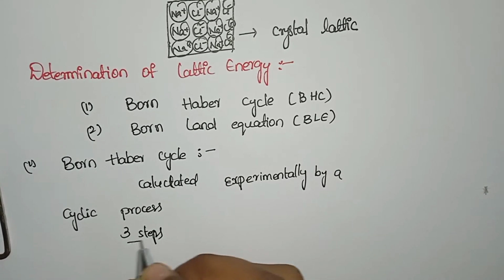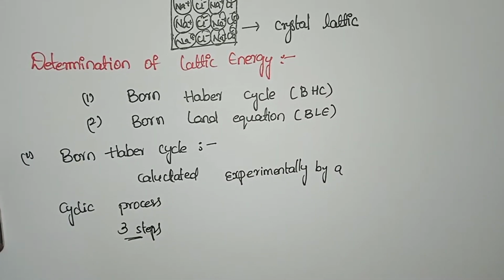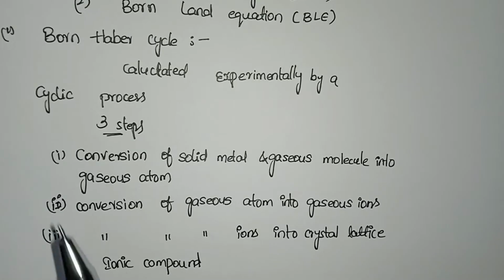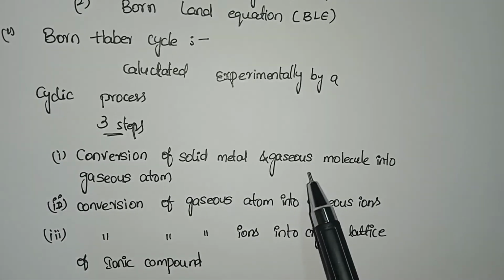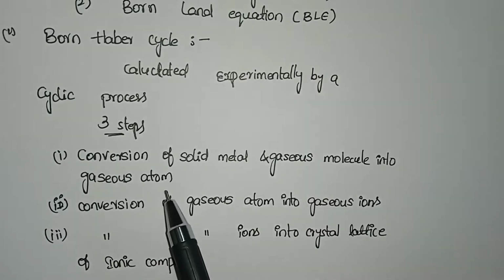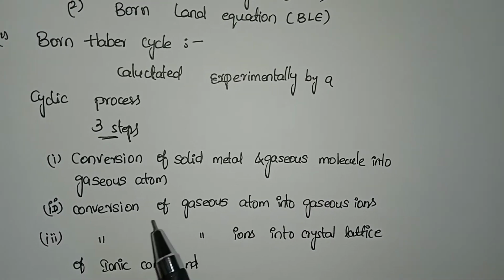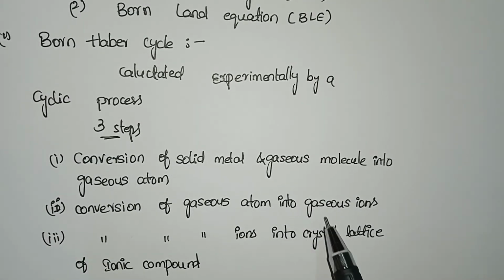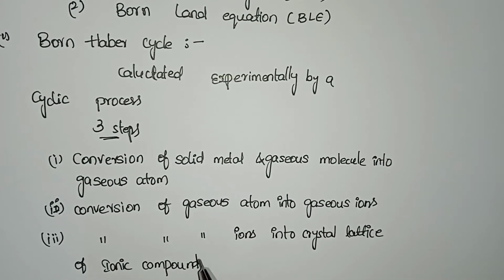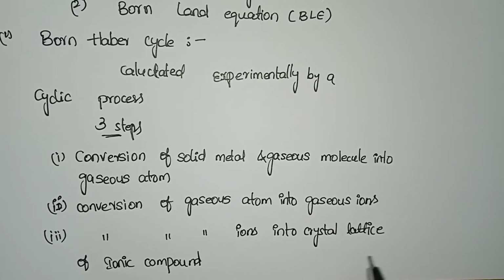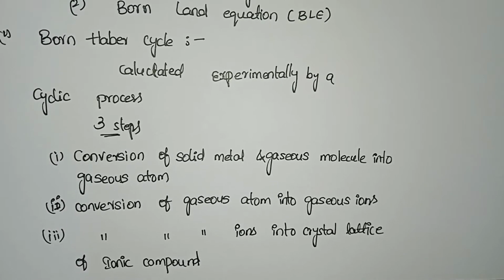The three steps are: conversion of solid metal and gaseous molecule into gaseous atoms; second, conversion of gaseous atoms into gaseous ions; third, conversion of gaseous ions into crystal lattice of the ionic compound.